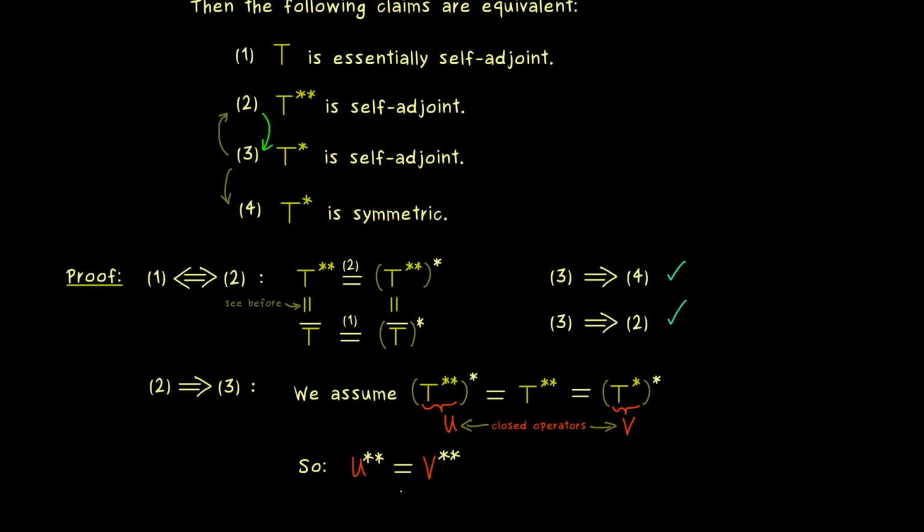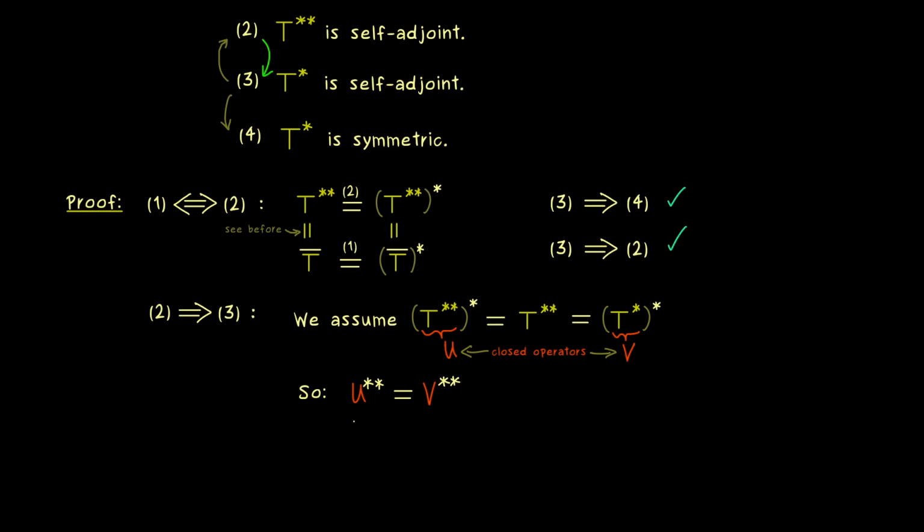And there we can just use that the double adjoint is always equal to the closure of the operator. However, since the operators are already closed, we don't need to use the closure at all. The closure is already equal to the operator itself. So what we get from this calculation is that the operator U is actually equal to the operator V. And by substituting the names again, we just get that T star star is equal to T star.